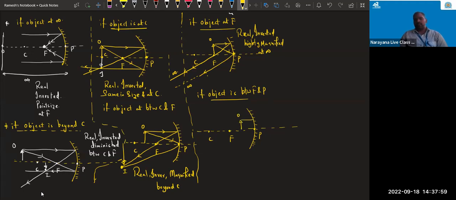If any ray of light passes parallel, how should it go? Through the point of focus, no? Yes or no? If any ray of light falls at point P, it will go like this, no? So the reflected light rays do not meet each other, no? Really? So here no real image will form.